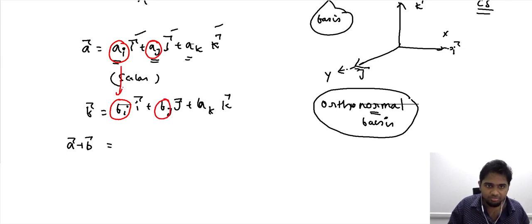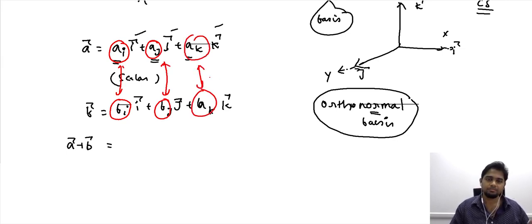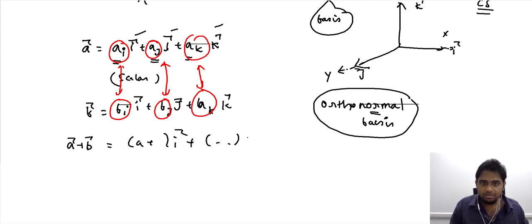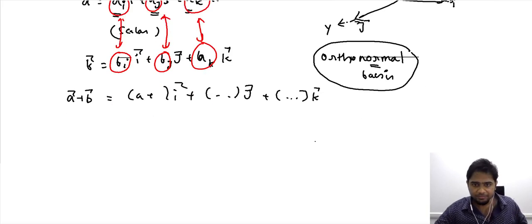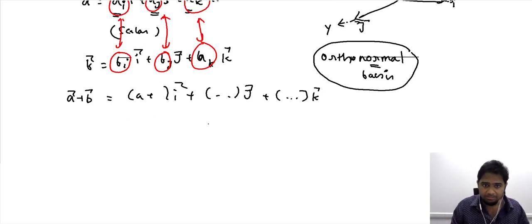So we need to sum these two, that is AI plus BI, AJ plus BJ, and finally AK plus BK. So when you sum the magnitudes that are associated with a given orthonormal basis, we end up summing these two vectors A and B. So we have the I vector, plus the J vector, plus the K vector. Now when you consider graphically or geometrically what the summation means, you have your basis.